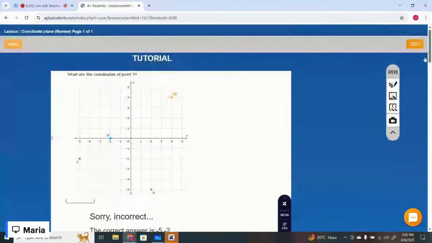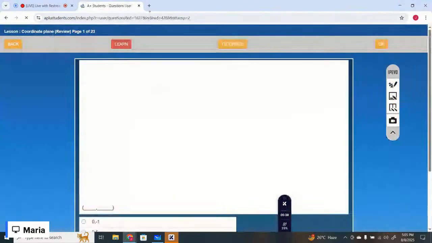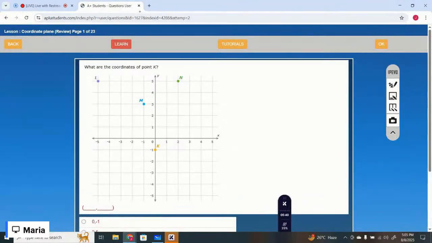Let's just start with the test questions. What are the coordinates of the point K?